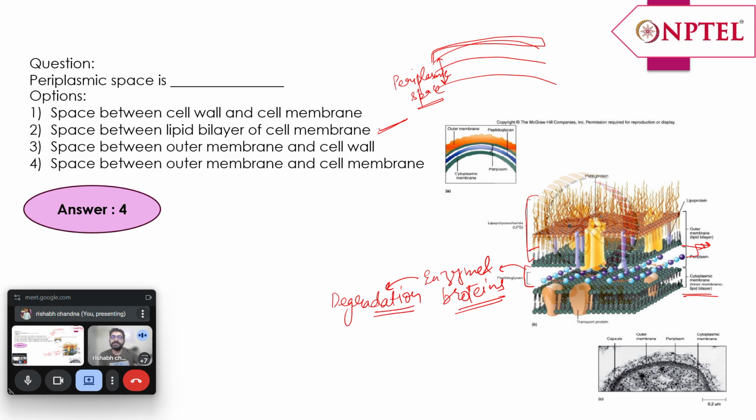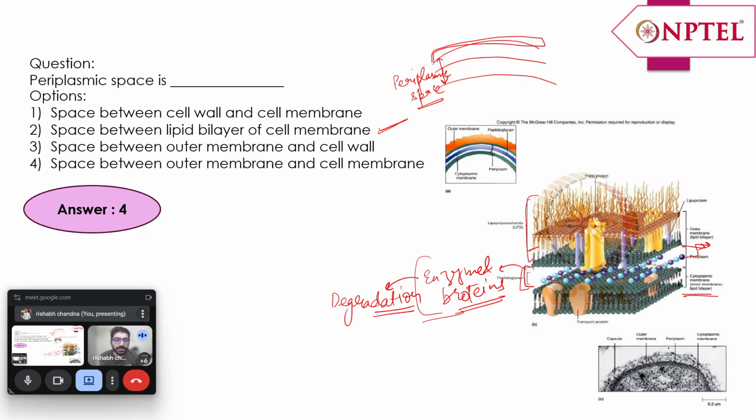Basically, those enzymes that have a special capability of degrading pesticides or special organic molecules are present in this periplasmic space only. Okay, and this also holds a special path to absorb different ions and different substrate molecules.